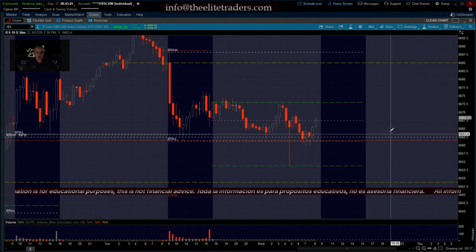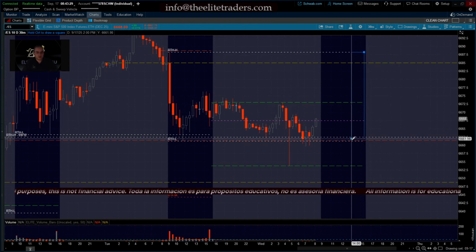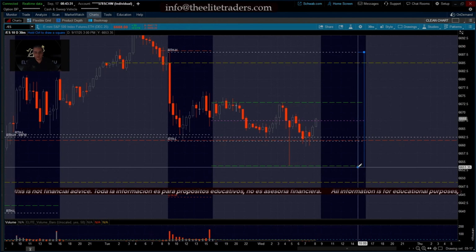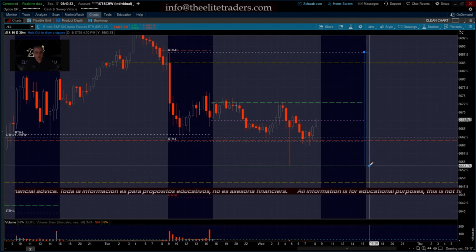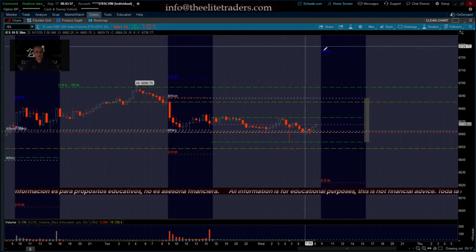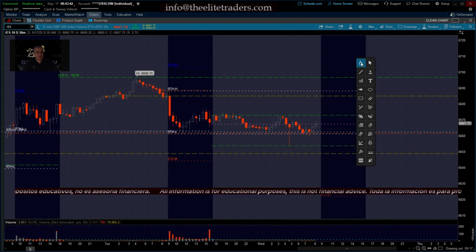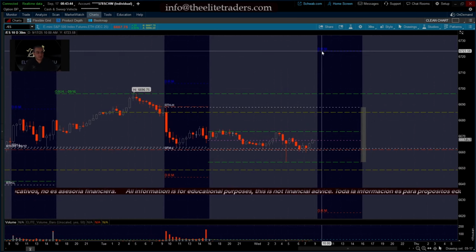Basically, this is the box that I'm looking to trade today, right here. And if you look at this blue, purple, whatever color that is, I did tell you guys that I am a little colorblind. That looks blue to me.